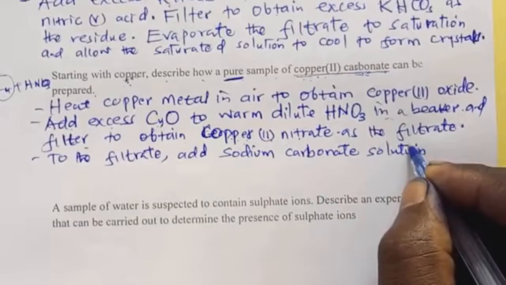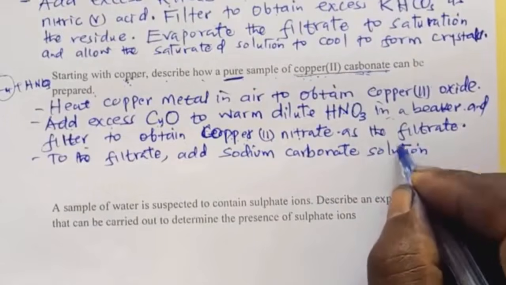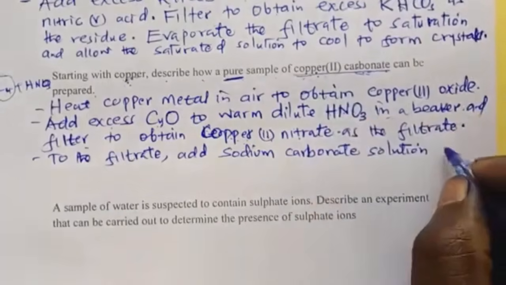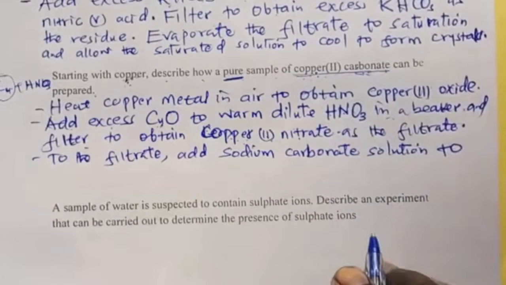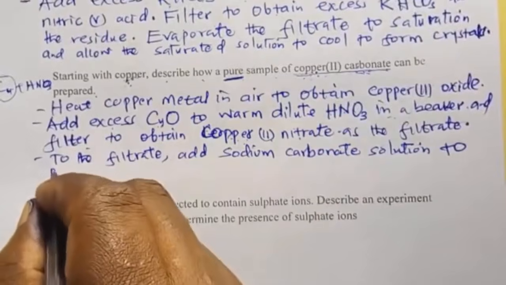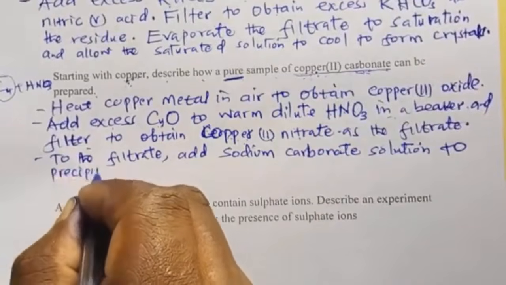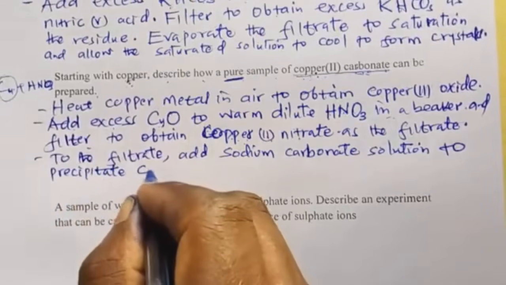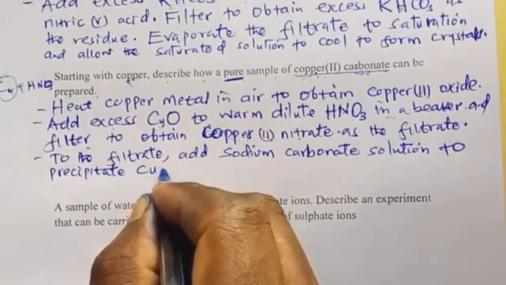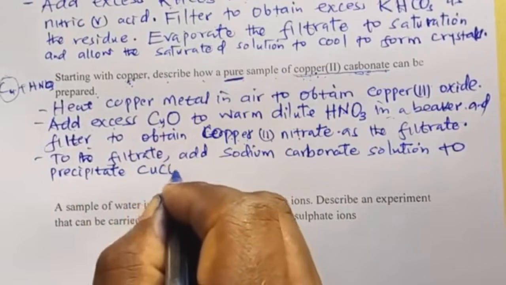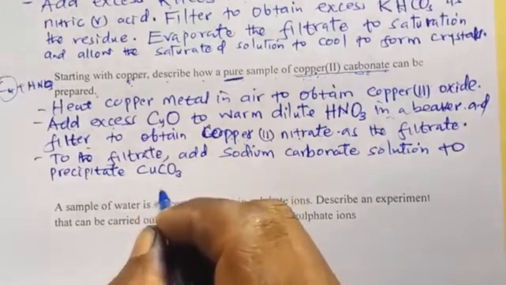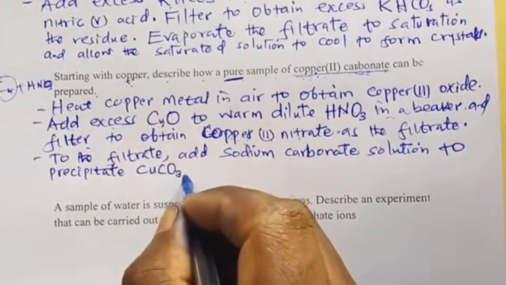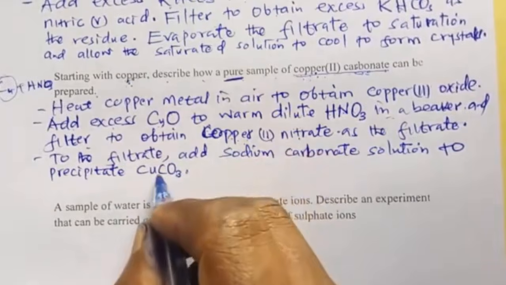Now up to this stage, we will precipitate out copper carbonate. To precipitate copper 2 carbonate. Now the white precipitate will be copper carbonate.